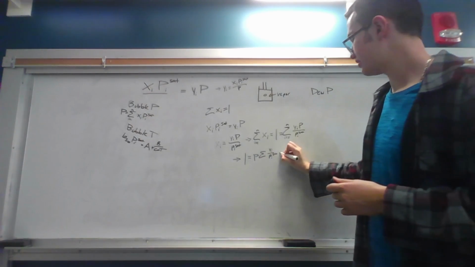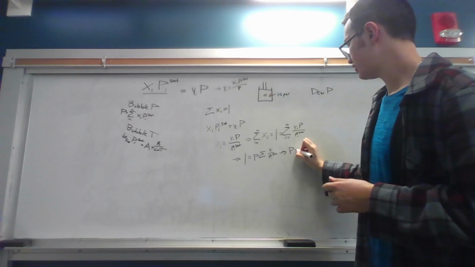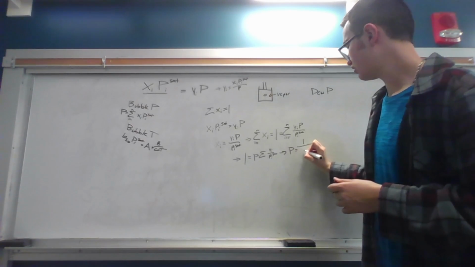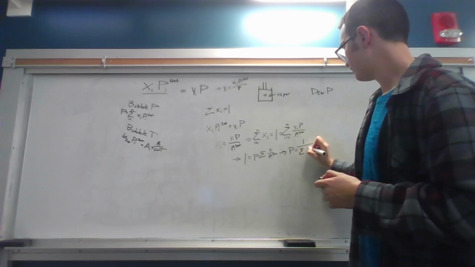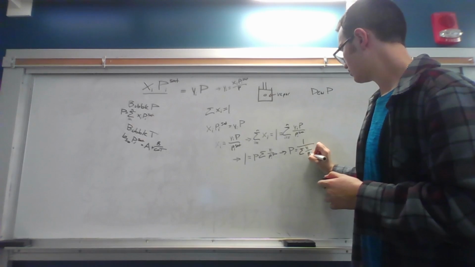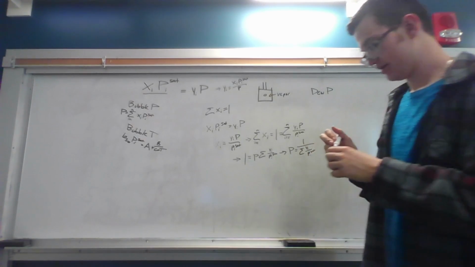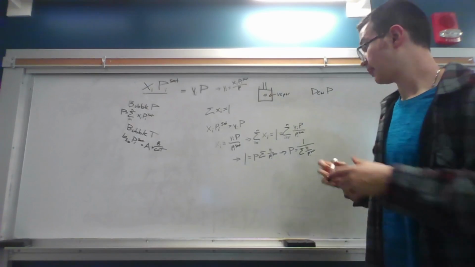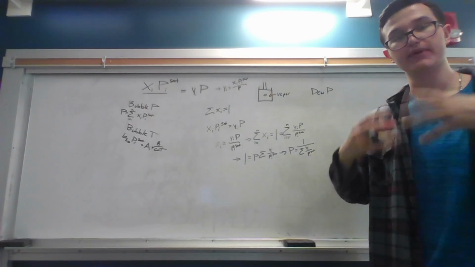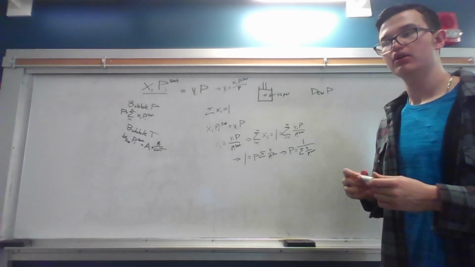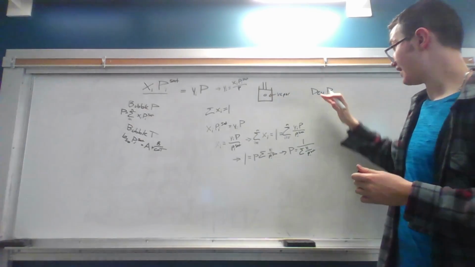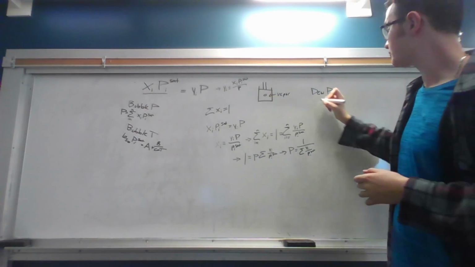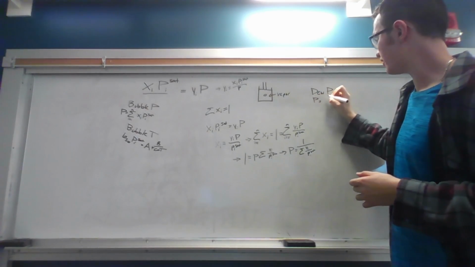That means that the pressure is equal to 1 over the sum of the vapor phase mole fraction over the saturation pressure. So we have that, and we're done with that. We can use that to find our pressure. So we have that equation done. And I'll write it underneath.